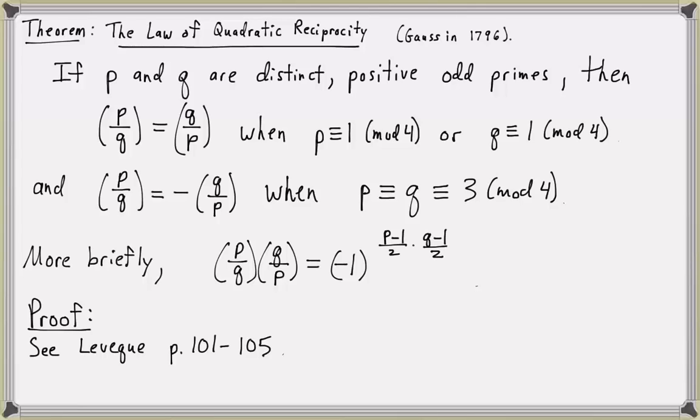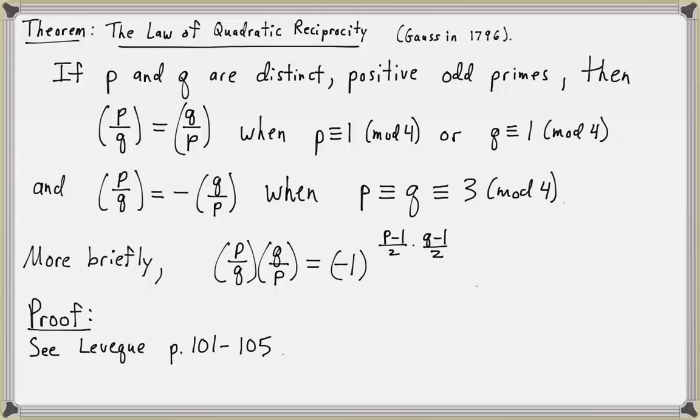And as Levecque states in his book on page 108, he says that this theorem has proved to be of the highest importance throughout a large portion of number theory. Besides being a powerful tool for solving problems, it has been a fruitful source of new problems. So there's over 200 known proofs of this theorem, and through efforts to prove this theorem, completely new branches of mathematics and new techniques and new problems were created as a way to attack this theorem.